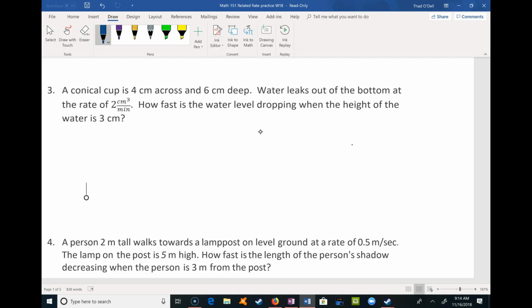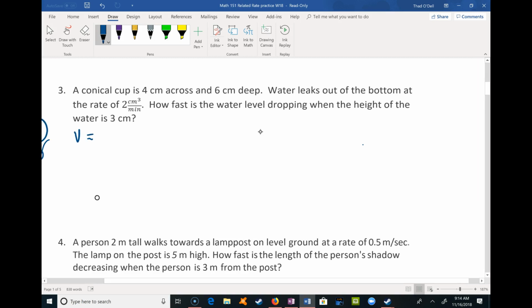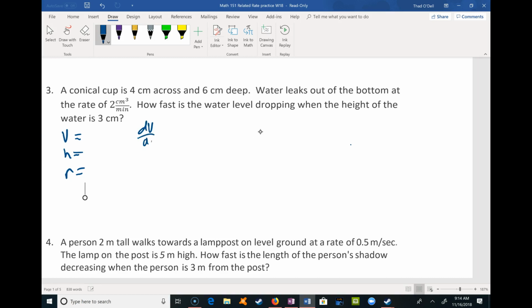So my variables are volume of the water, height of the water, and radius of the water. Those are the three variables that we talked about. And each one of those has a derivative, because it's changing: dV/dt, dh/dt, and dr/dt.